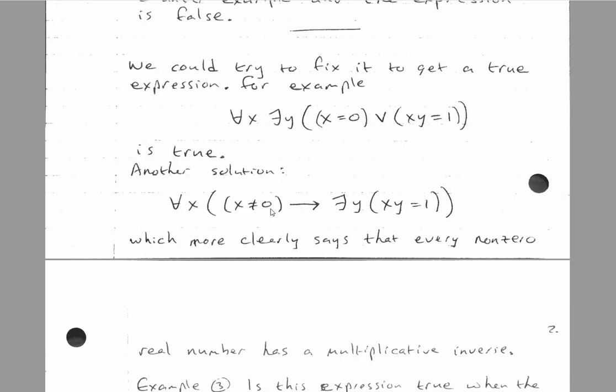Every real number except 0. So as long as you don't start with 0, then there is some number you can multiply by to get 1. Just the reciprocal. Yep. All right, so here we're combining for all with an implication and an existence.